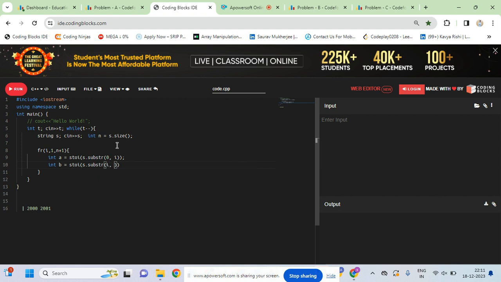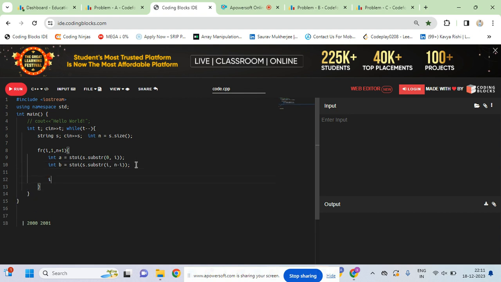The starting point will be i, exactly, and then you have to pass the length, so it would be n minus, I don't know, i plus 1. Oh no, it should be n minus i only. Here it should be n minus i because the first part's length is i, so the second part's length has to be n minus i.